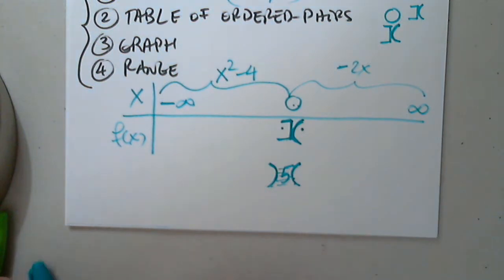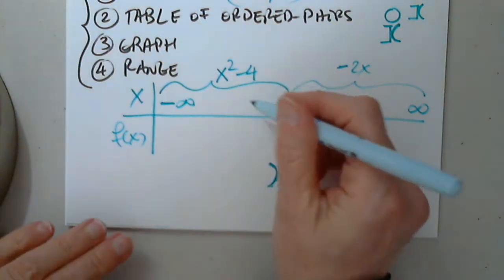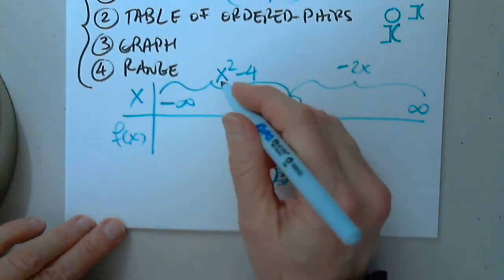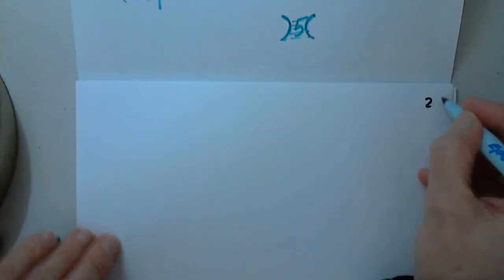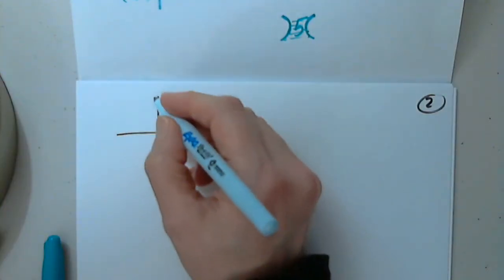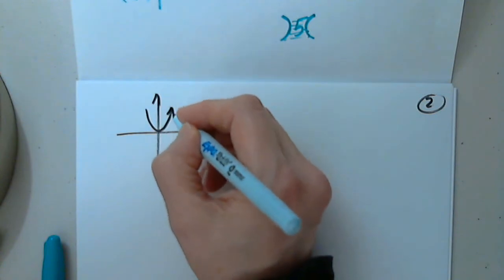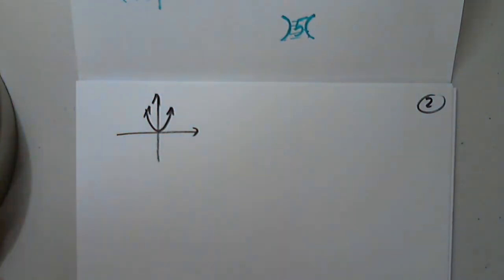Okay. At this point, I will choose, because I know how this function looks like, right? We all know how x squared minus 4 looks like, right? We know that x squared is this, and that x squared minus 4 is this.